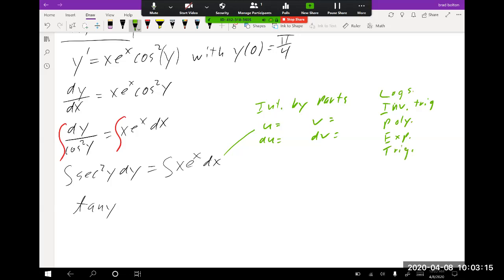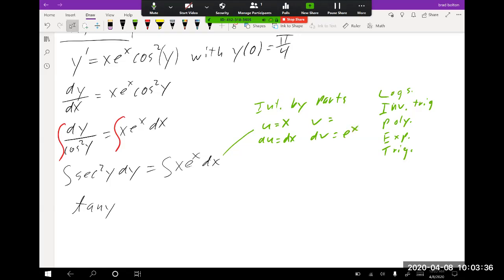This is kind of the way we decide. It works most of the time. It's not perfect, but it works most of the time. So we are going to let our u be our polynomial. So this is x, and then the derivative of x would be dx. And then we're going to let dv be e to the x. Remember, you have to name your dv and your u. Our dv is e to the x.